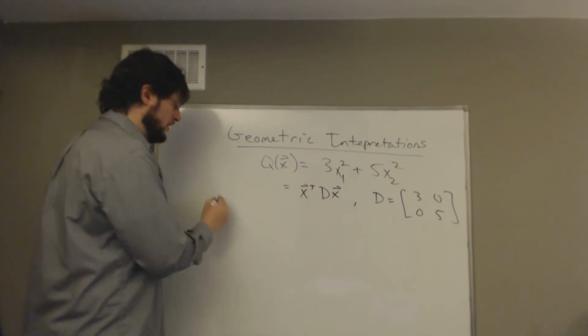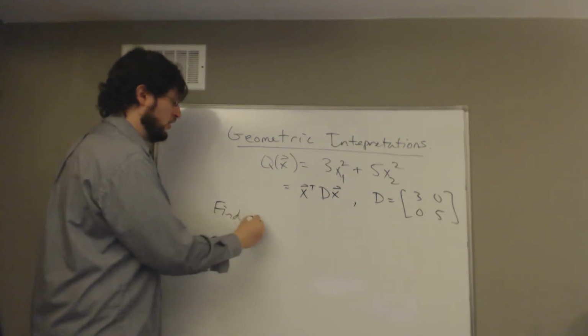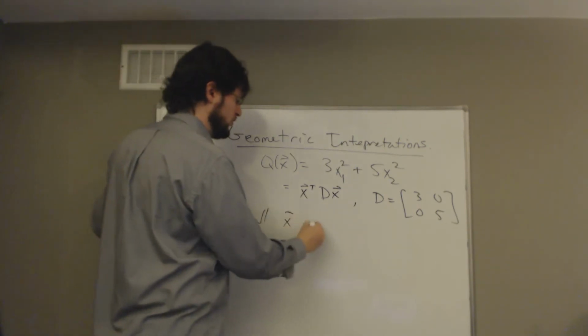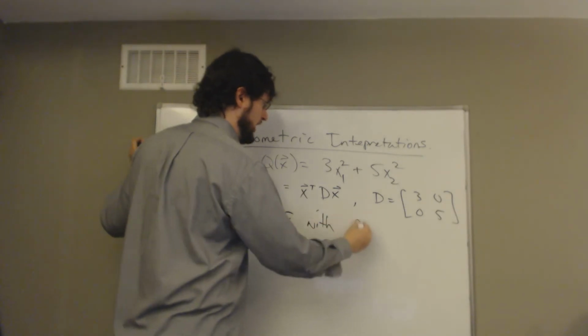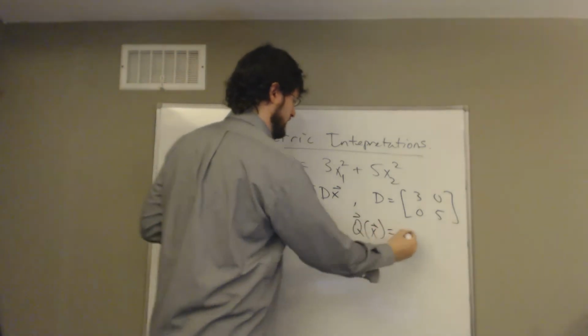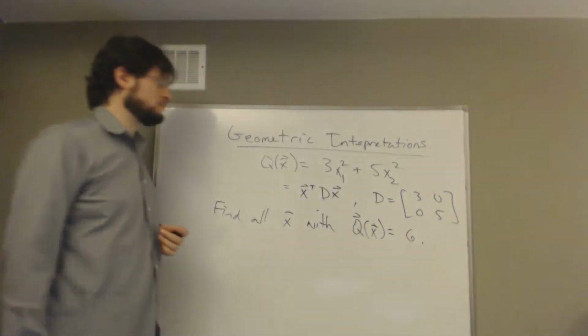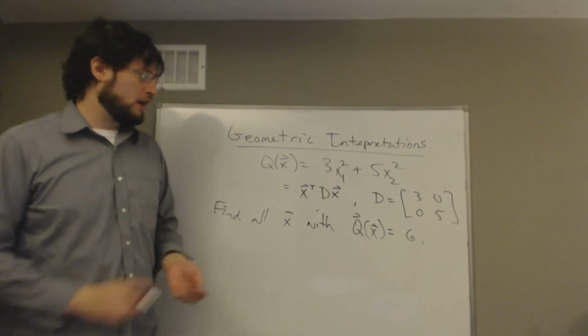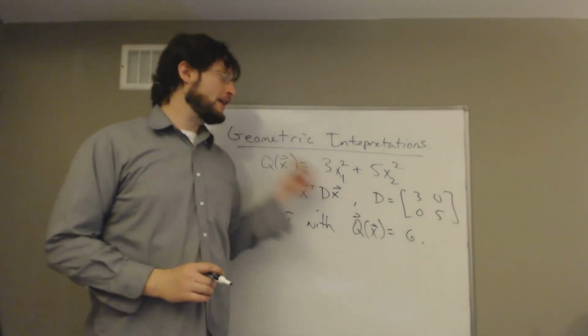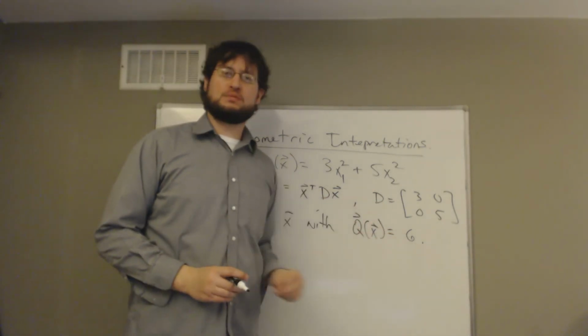Suppose that I said find all x with q at x equal to 6. So I'm looking for every vector which gets me a fixed output.